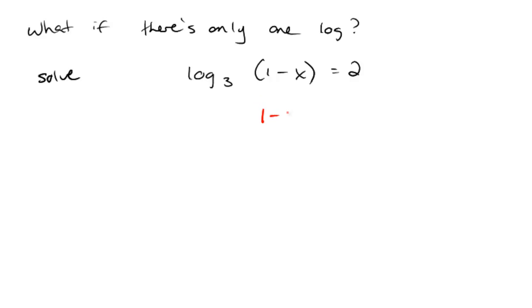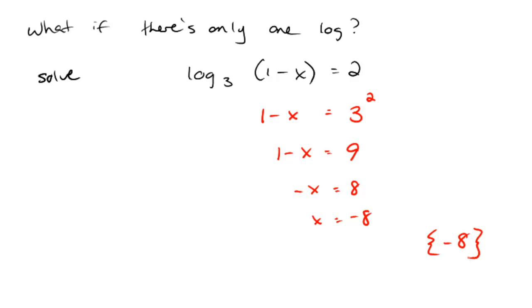So the 1 minus x stays here, the 3 moves to the other side, and bumps the 2 up into the exponent. So then we get that 1 minus x is equal to 9. So negative x is equal to 8, and x equals negative 8.